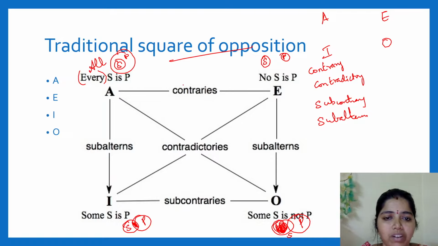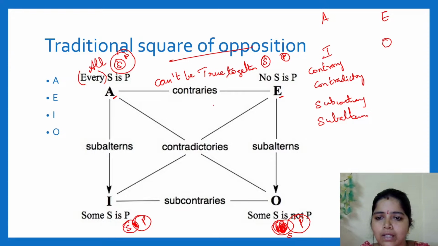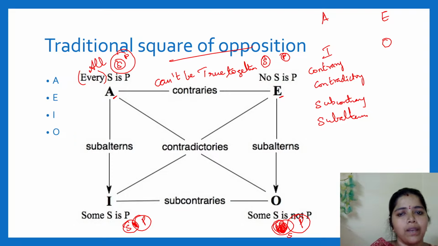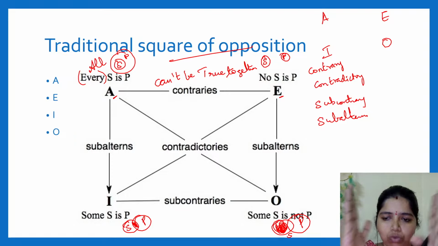What do you mean by contrary statement? When I say a contrary statement, these two, A and E, cannot be true together. How, ma'am? How can it not be true together? See, all S is P. Here I am telling no S is P. Can these two statements be true together?